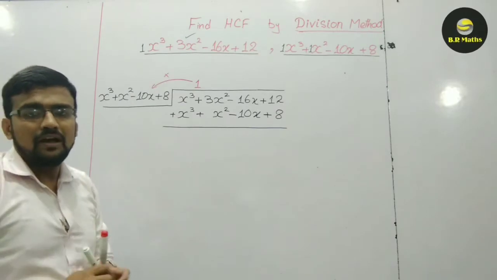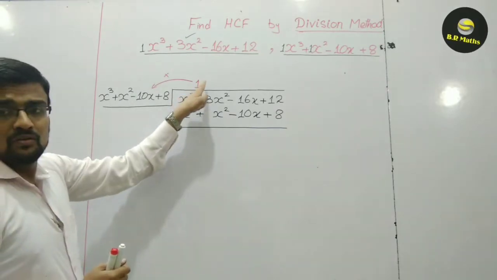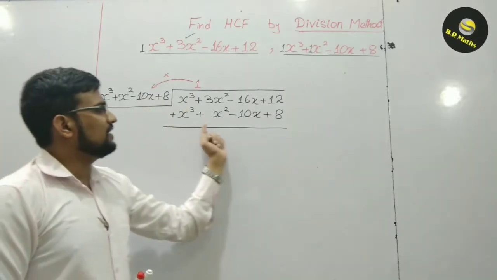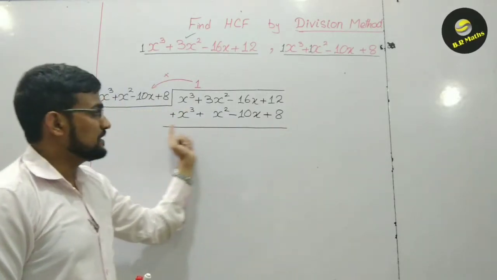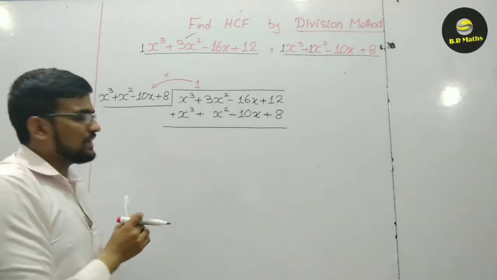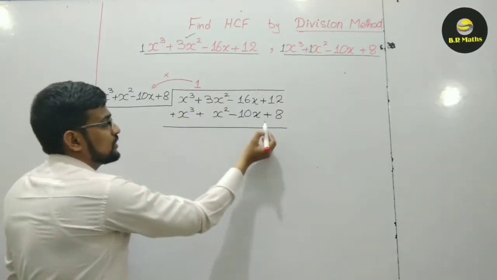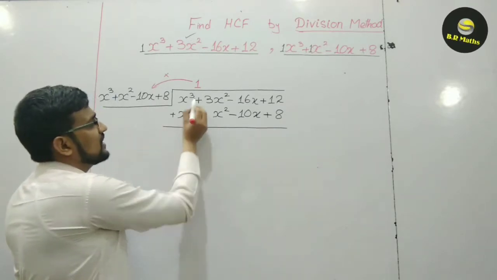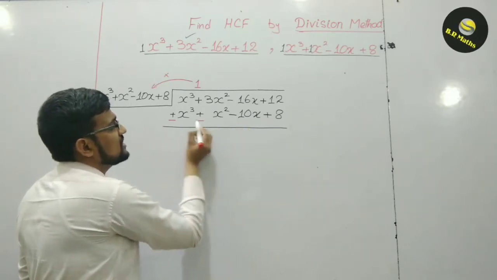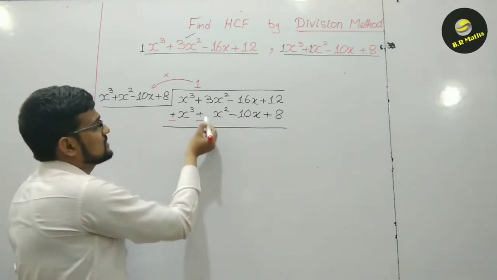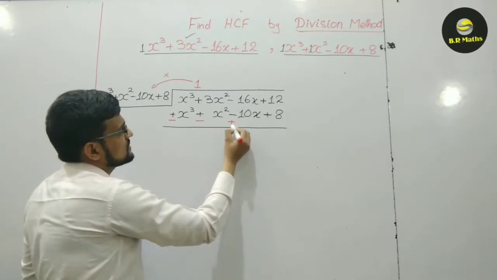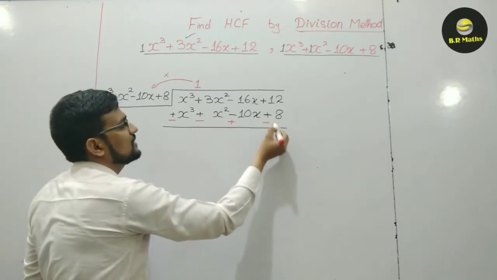Okay, I hope you understand this. 1 multiplies the whole polynomial, and we write the answer in this place. Now these two polynomials are subtracted from each other, and due to subtraction the signs of the other terms change. Plus changes into minus, minus changes into plus, and plus changes into minus.